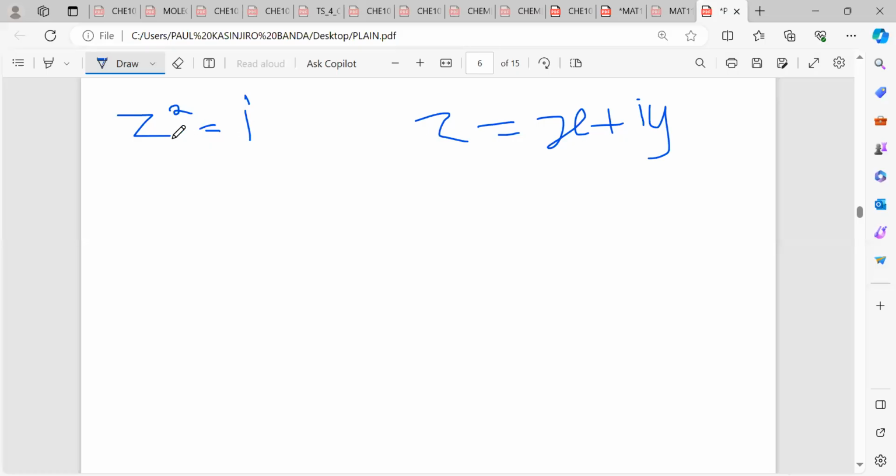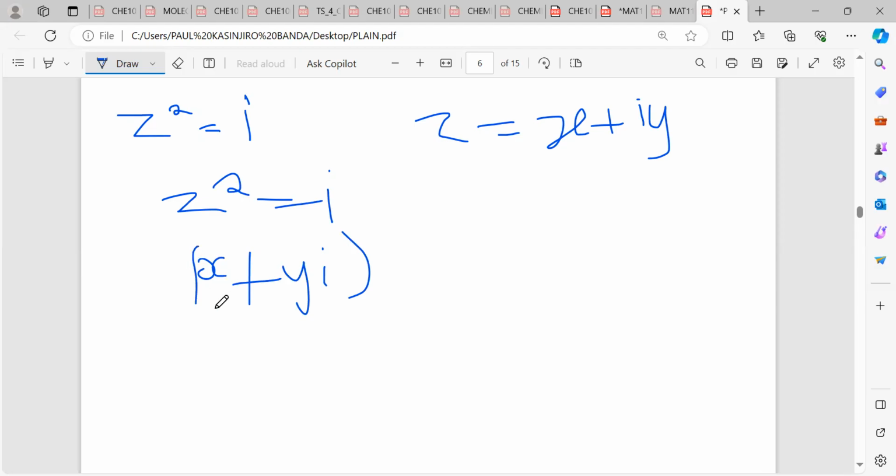So what are we going to do? Where there's z, we are going to substitute this. We can write z squared is equal to i, and where there's z we put x plus yi, then squared is equal to i.